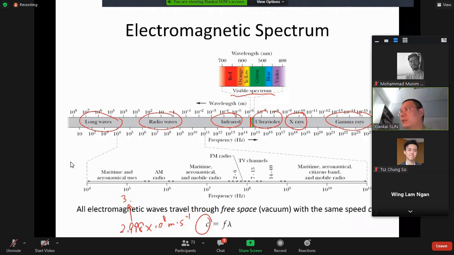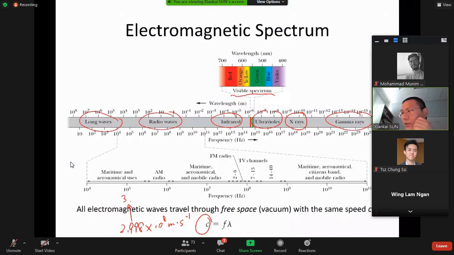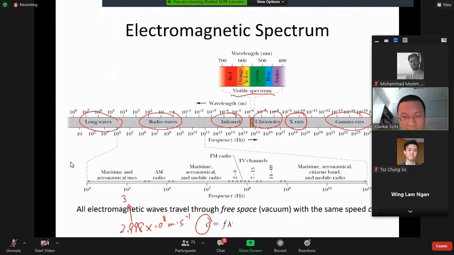That is 300,000 kilometers per second. So all of them share the same speed, but they have different frequencies. That means lambda, the wavelength of electromagnetic waves, can be very long to very short.